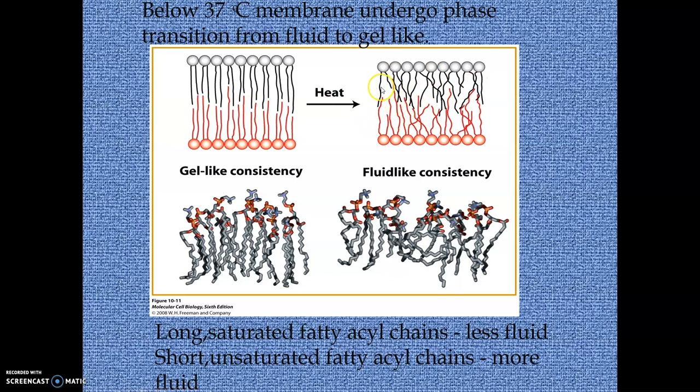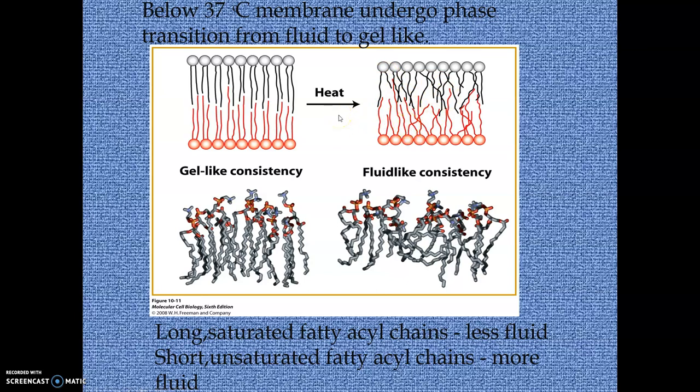They are far apart. The tails are close here. Both the tails of the phospholipids align closely here, while in this case the tails are far apart. They are distorted in every phospholipid.